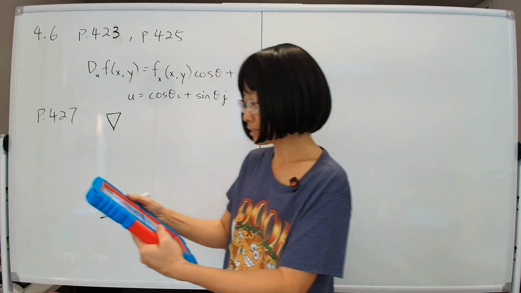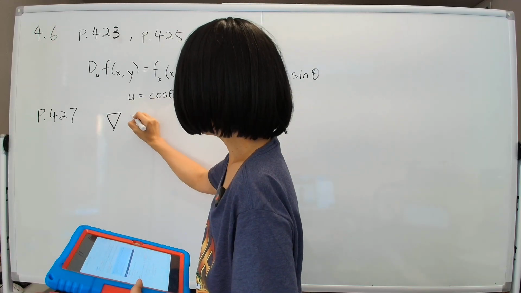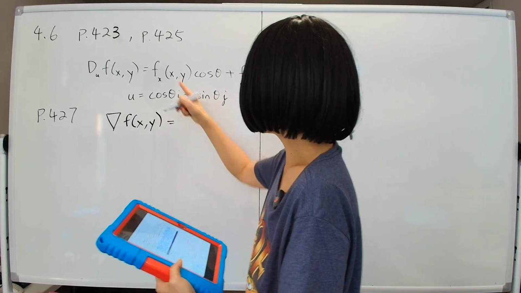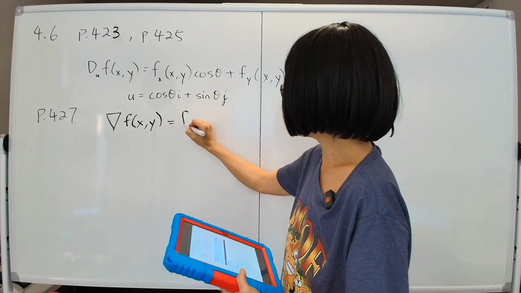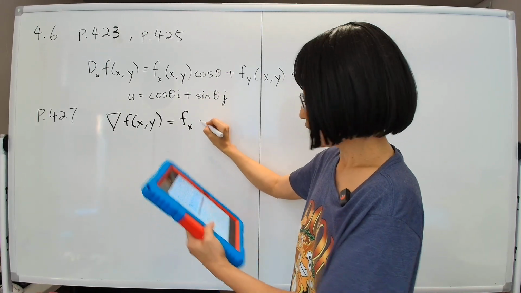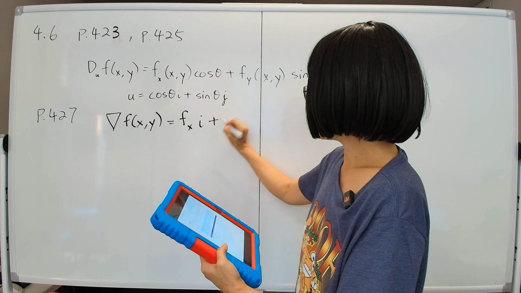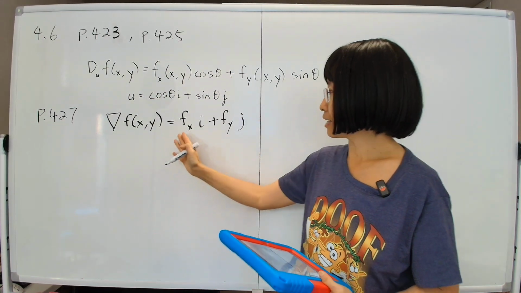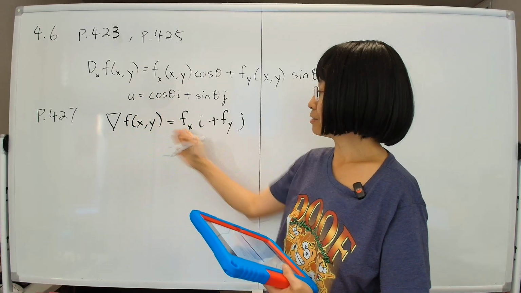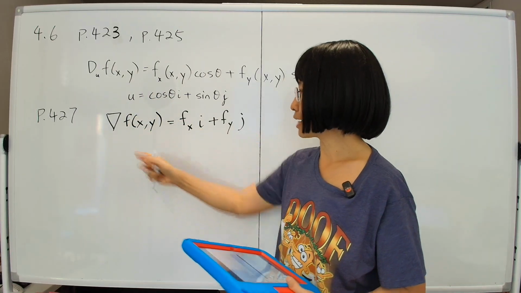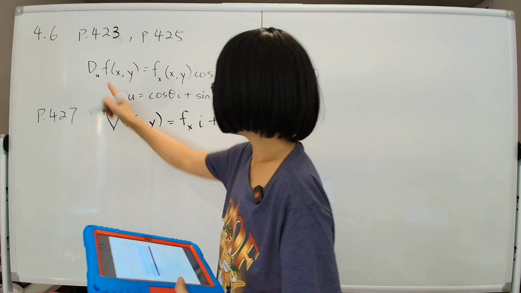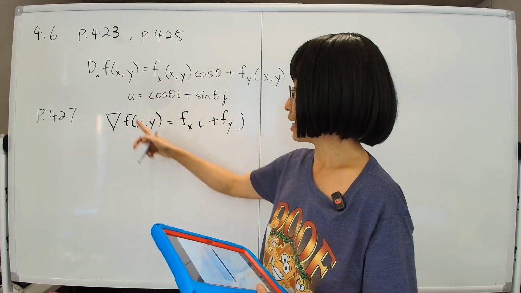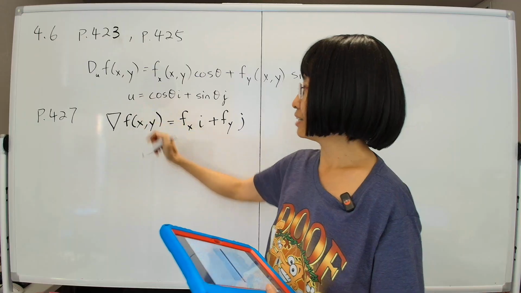So grad of f of x, y, we'll define as just the partial derivatives. In other words, fx times i plus fy times j. The reason for defining the gradient, grad f, is that you notice the directional derivative happens to be grad f dot u.